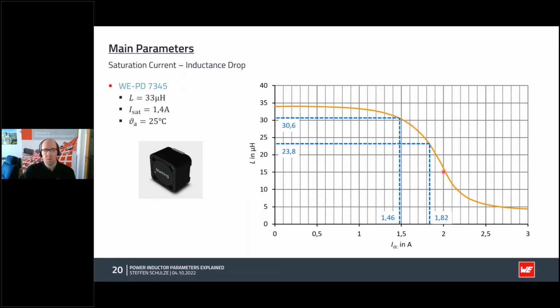But we try not to work on this sloped part of the curve, because if you change the current slightly higher or lower, there's a big shift in the inductance value, a big deviation, and this could lead to the application not functioning in the end. And there's an additional effect which I will speak about in a minute. It's a temperature effect, which needs to be taken into account.